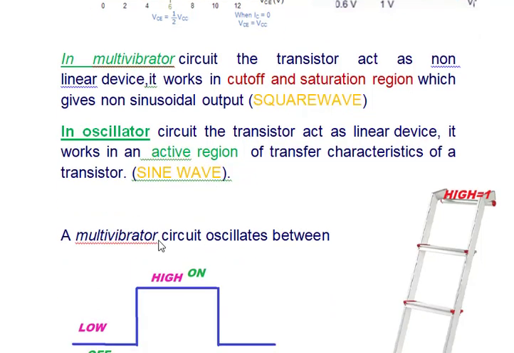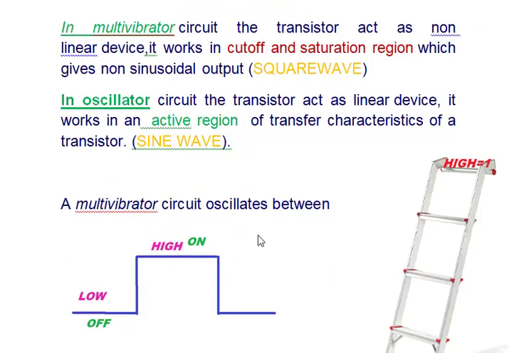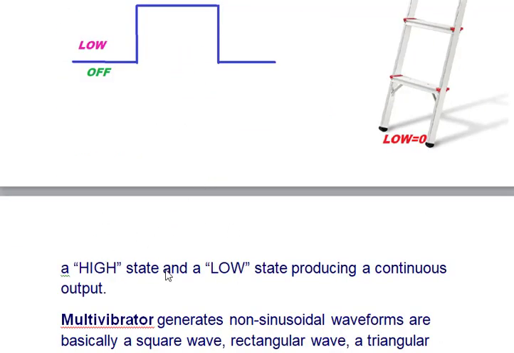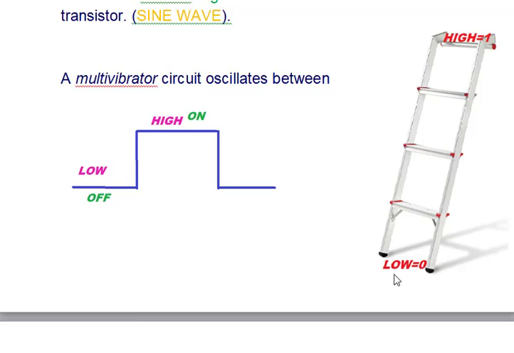The multivibrator circuit oscillates between a low voltage and a high voltage, a high state and a low state, producing a continuous output. The low is taken as 0 volt and the high is taken as 1 volt, for example.